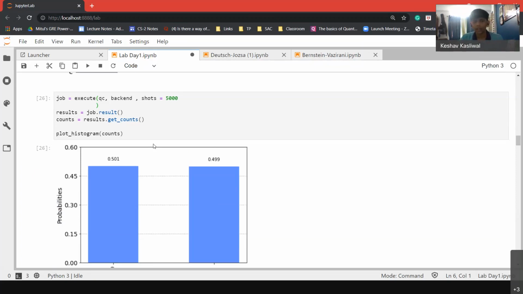Because even if no one knew about the Hadamard gate and saw the results, let's say the shots were 10, he would say that the probability of occurrence is 0.3 and 0.7, which is not true for a Hadamard gate, because the probabilities are 0.5 and 0.5. That is entirely dependent upon the sample set, the sample space that we have generated. So yeah, I hope I answered your question, sir.